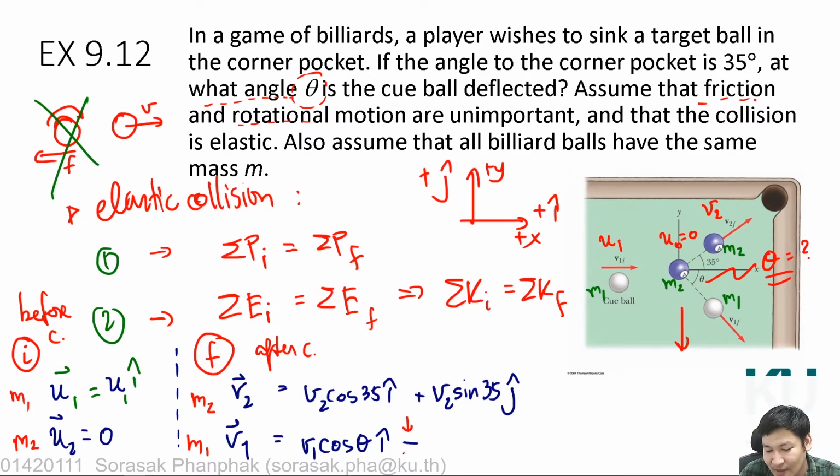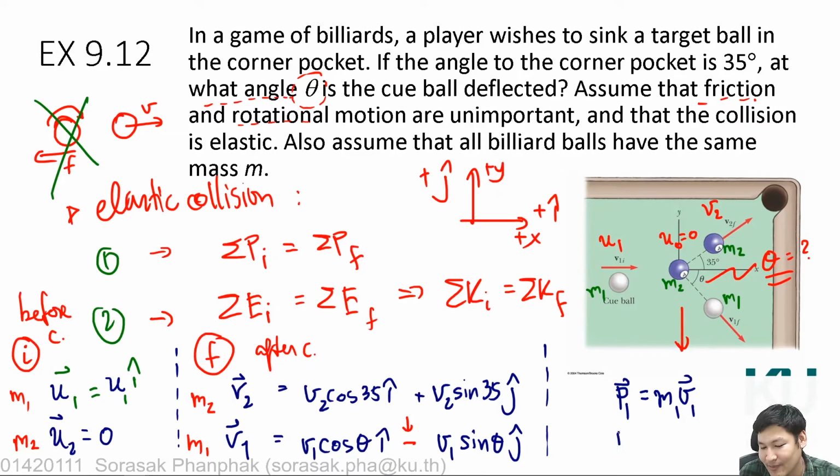So this is the reason for the negative sign here: negative v1 sin theta j. So these are all components of velocity. If you would like to find the momentum, just multiply the mass of the individual ball with it. To find p1, just multiply mass 1 with v1. To determine the momentum of mass 2, m2 v2.